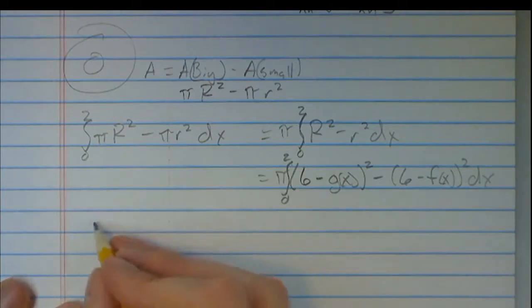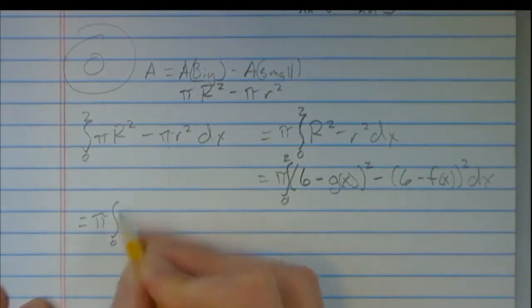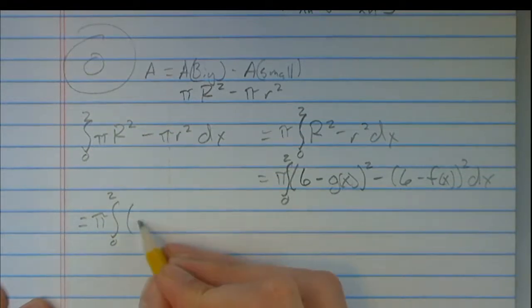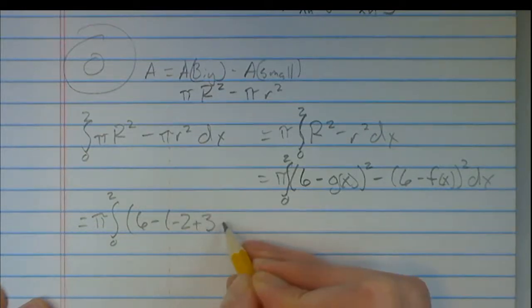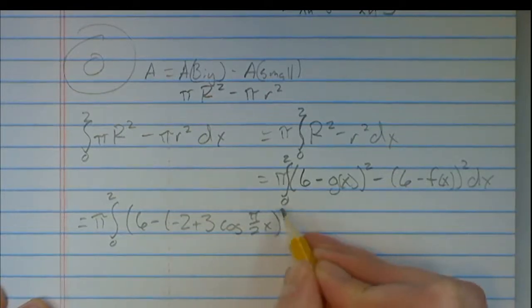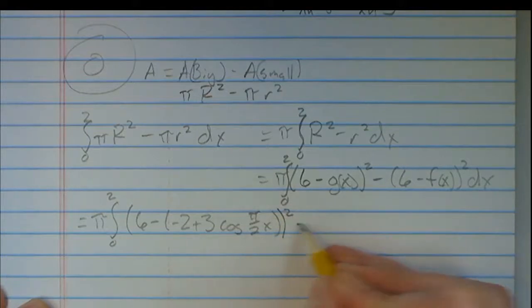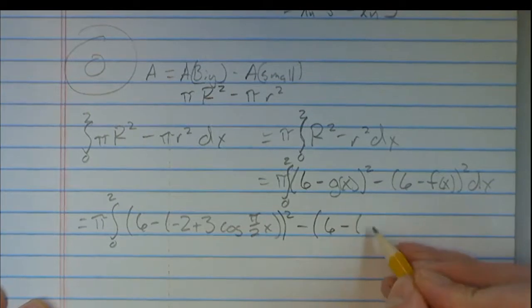And then let's plug the functions in, and let's start over here because we have a lot to write. Pi, integral between 0 and 2 of 6 minus g of x, which is negative 2 plus 3 cosine pi over 2x, the whole thing is what's being squared, minus 6 minus f of x. Wait, f? That's h.